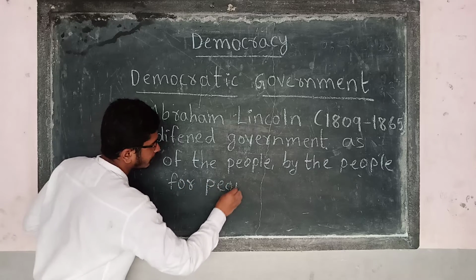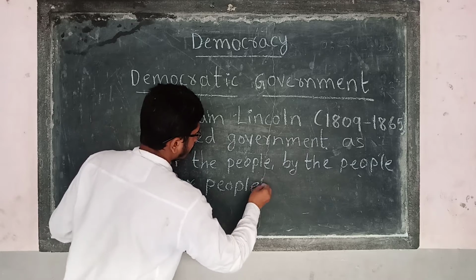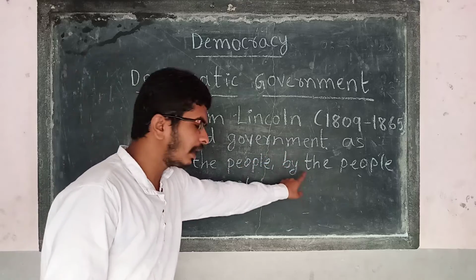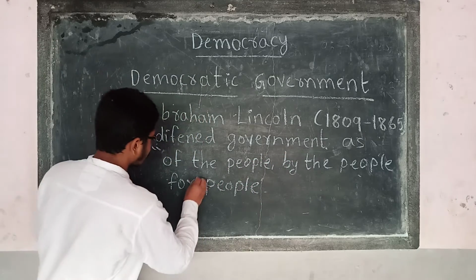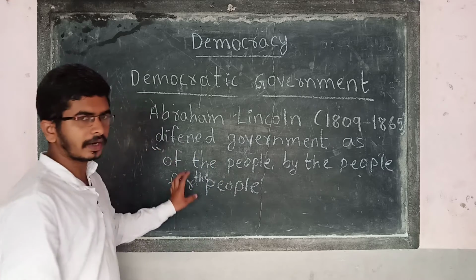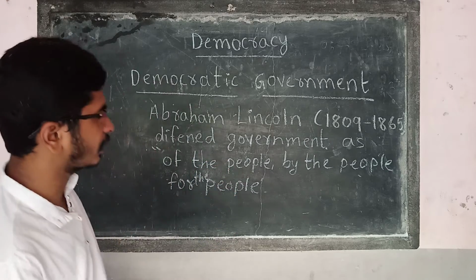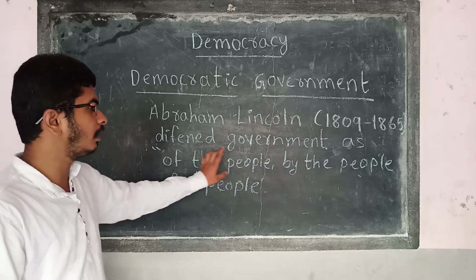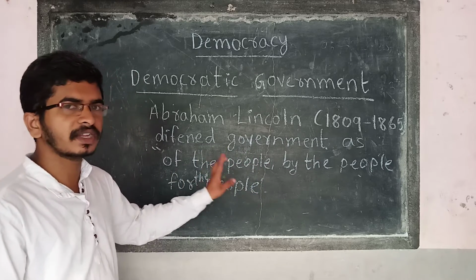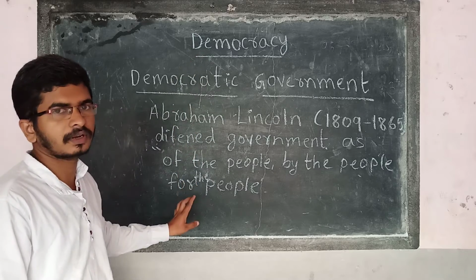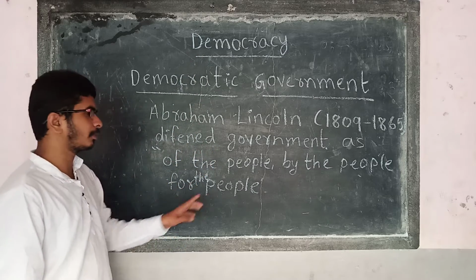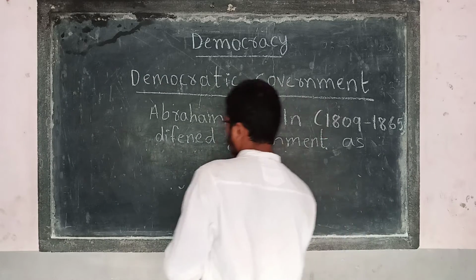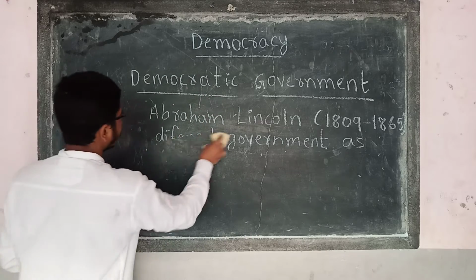It is also a short definition of democracy. For the people means for the sake of the people, where people only elect the representative. Note down this point clearly. Or you can also say the public elect representatives and they will rule. Clear?